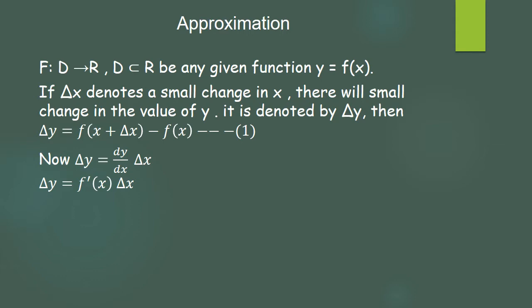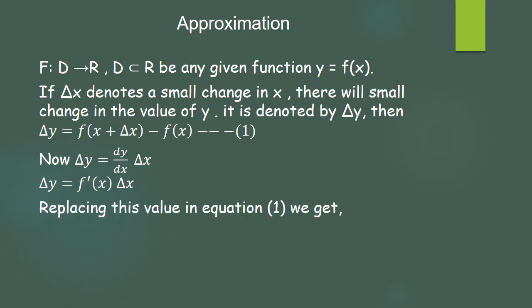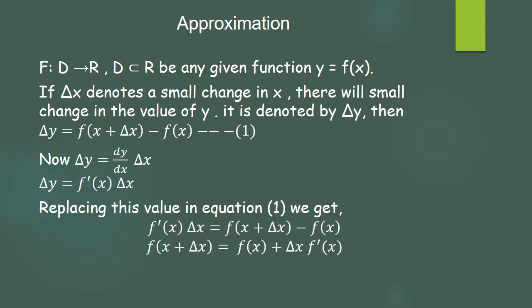Now we will replace this value of delta y in equation number 1. What we get is f dash of x into delta x is equal to f of x plus delta x minus f of x. And therefore f of x plus delta x is equal to f of x plus delta x into f dash of x, where delta x is very small compared to x.